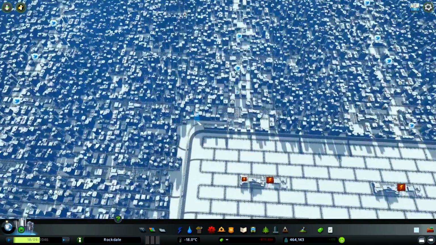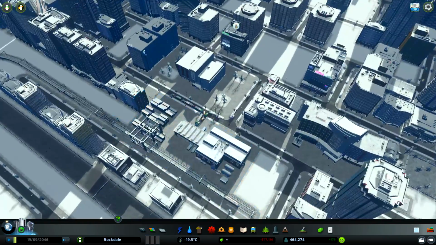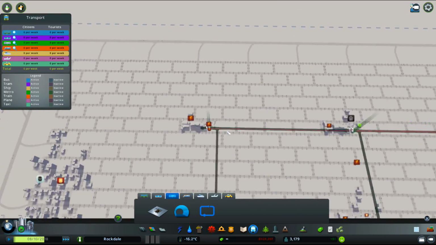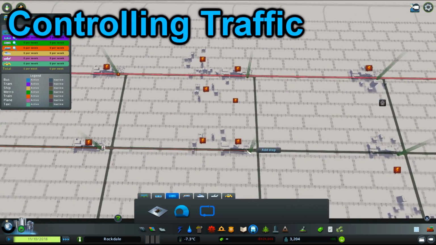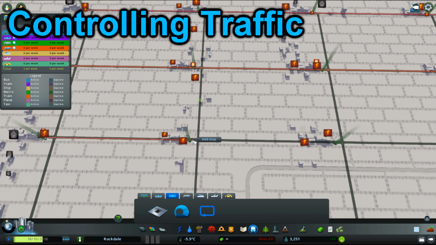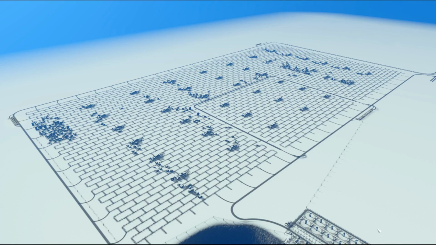So now we're going to cover some of the positive things about having one of these transportation hubs. And the first thing I came to think of is controlling the traffic. What I mean by this is that you will have full control over your traffic, you will see where everything is going, and you will also be able to see where most of your people are traveling in your town.